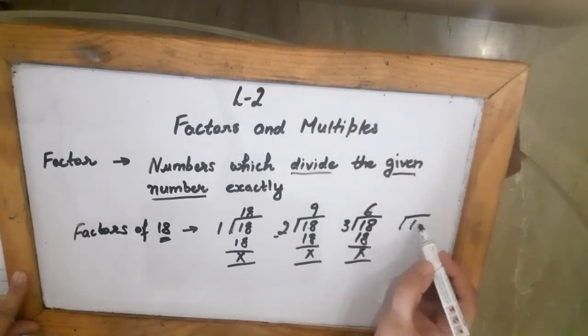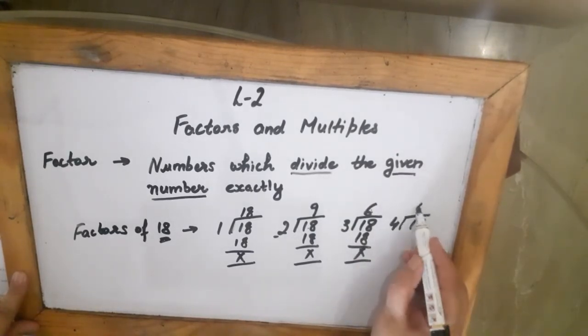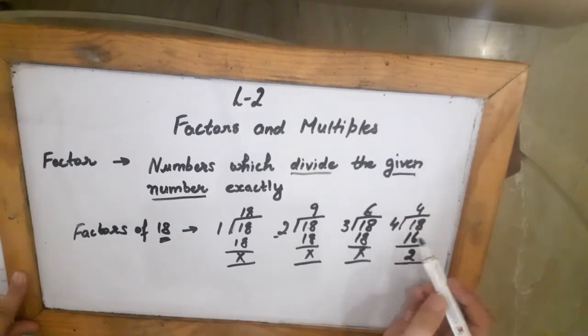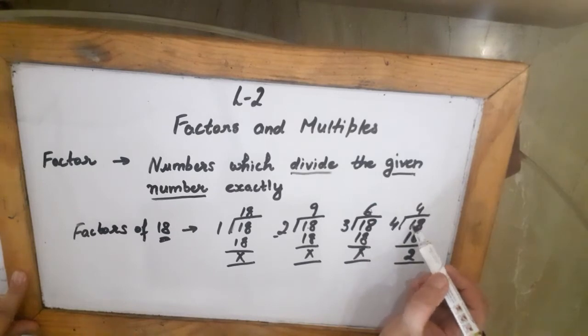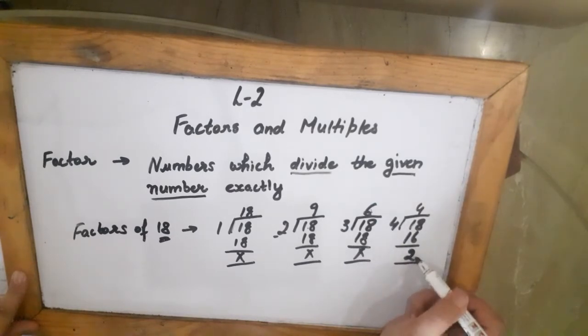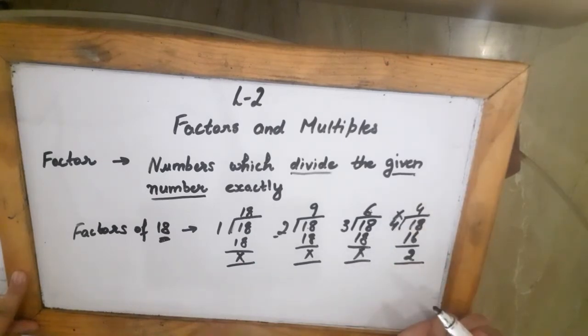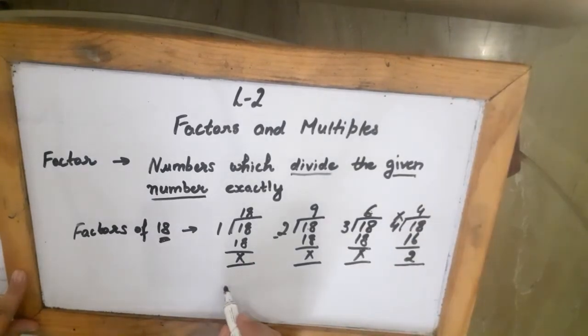Now let me take 4. 4 4s are 16, and I'm left with the remainder 2. So is 4 dividing 18 exactly? No, because I'm left with the remainder. So it means that 4 is not a factor of 18. Now let me take 5. So 5 3s are 15.